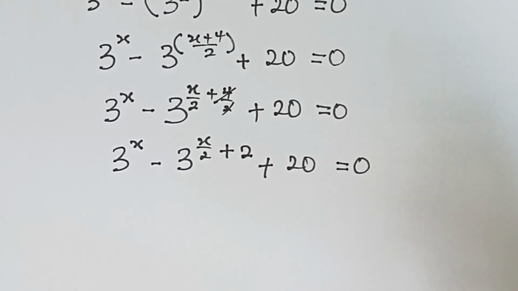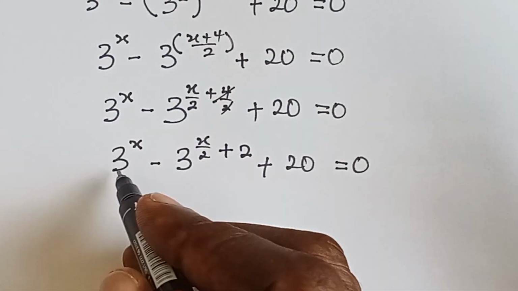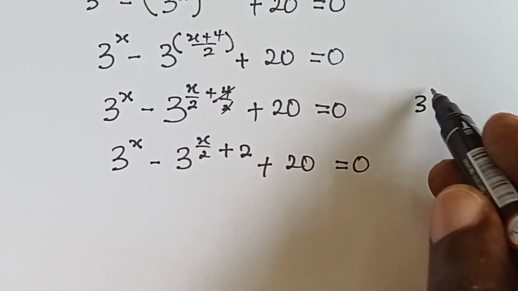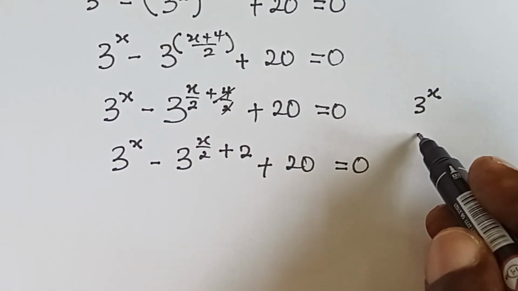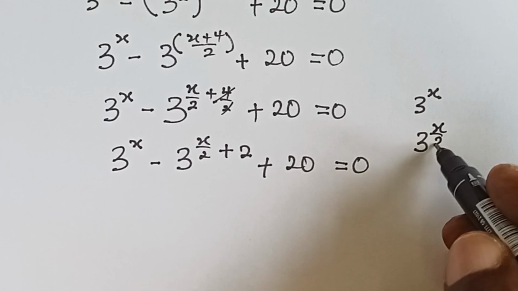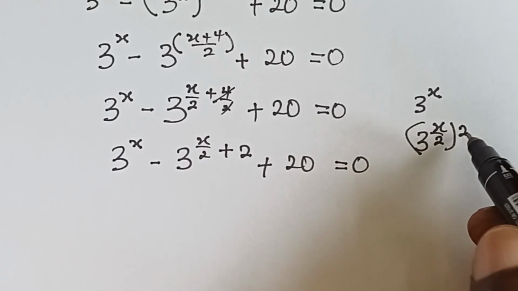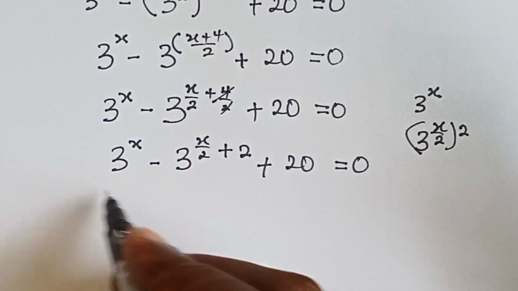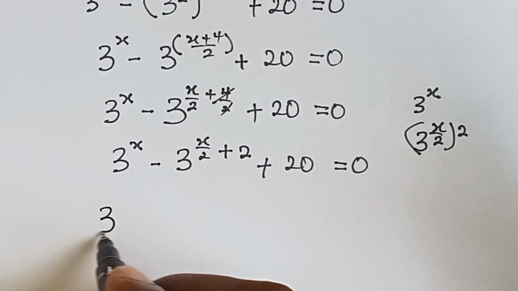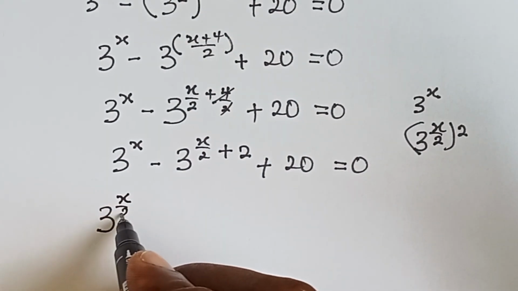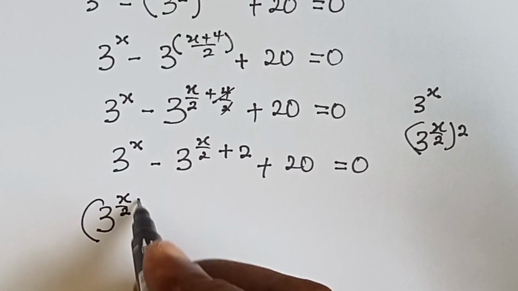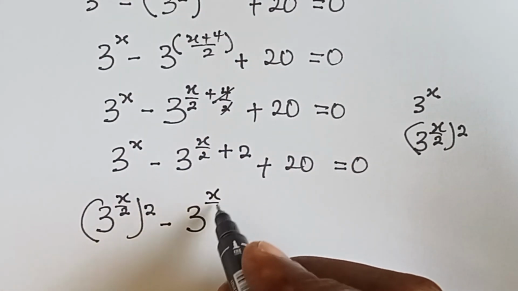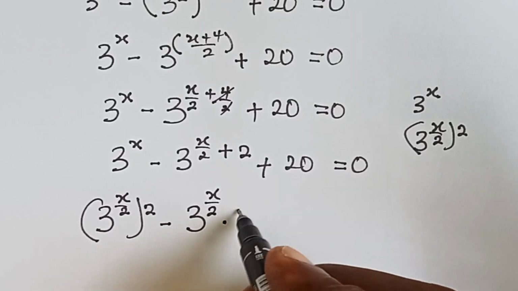From there, we can rewrite this, because 3 raised to power x can also be written as 3 raised to power x over 2, raised to power 2. So this can be written as 3 raised to power x over 2 squared, minus 3 raised to power x over 2 times 3 squared.